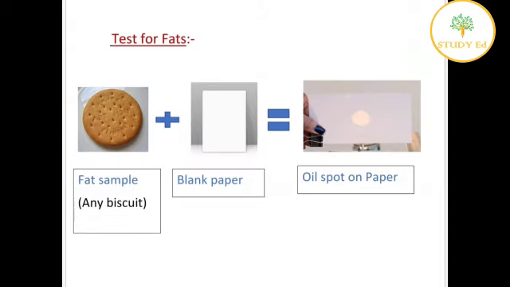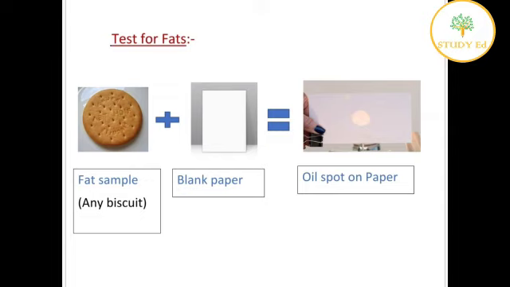And the third test is the test for fats. So for the fat sample we have taken a biscuit. What will we do now? We will take this biscuit and wrap it in a paper and crush it and press that paper very nicely and then observe it carefully.